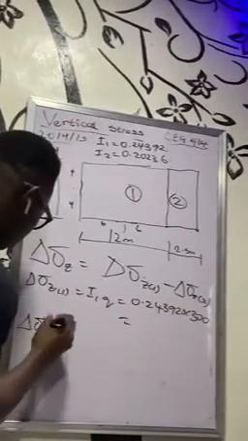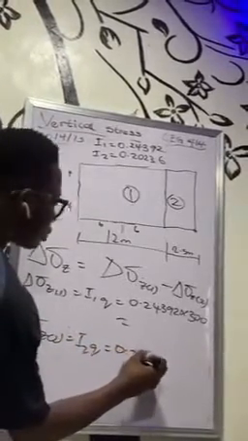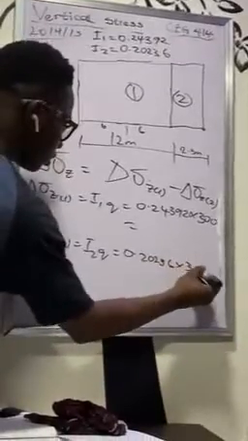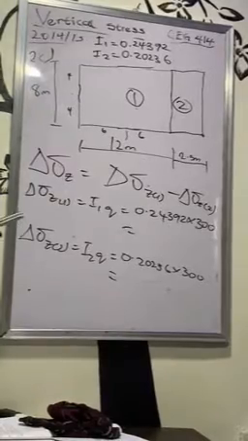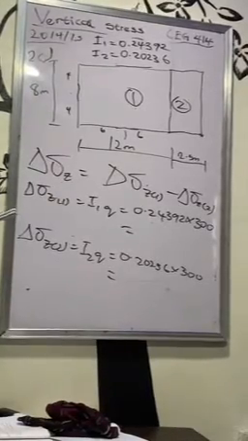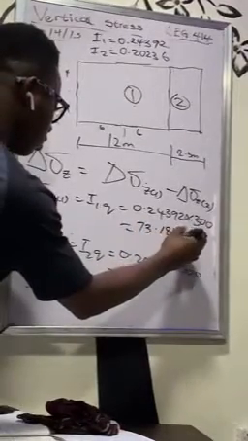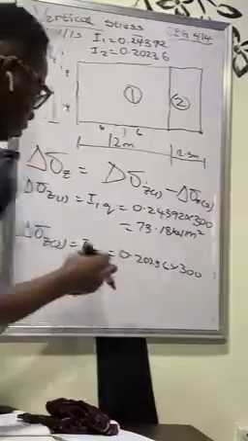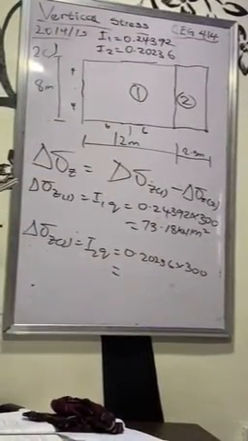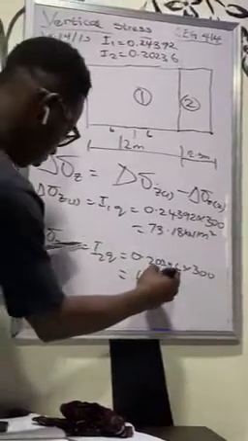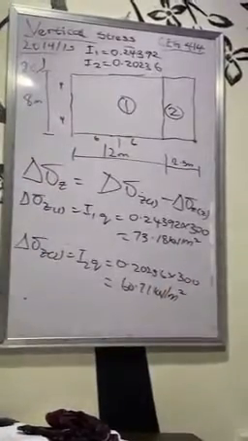My second one is equal to I2Q, which is 0.20236 times 300. The first is 73.18 kilonewton per meter square. The second is 60.71 kilonewton per meter squared.